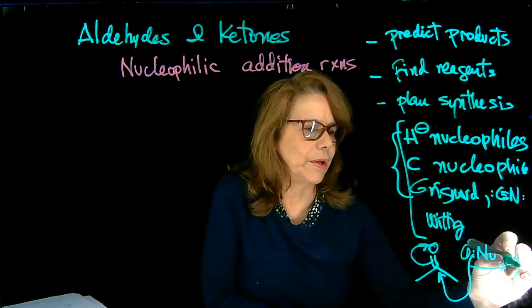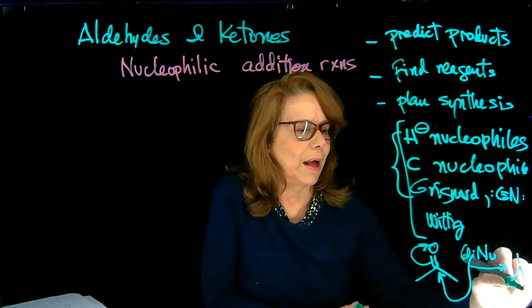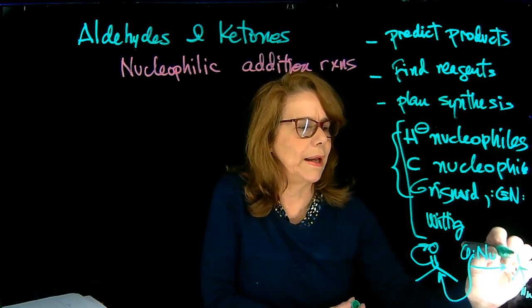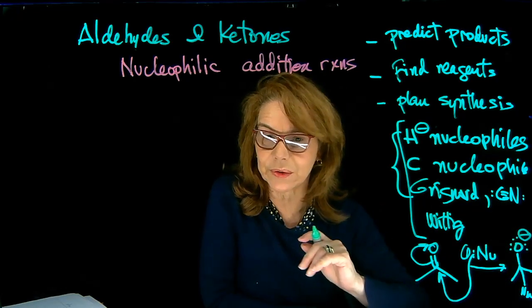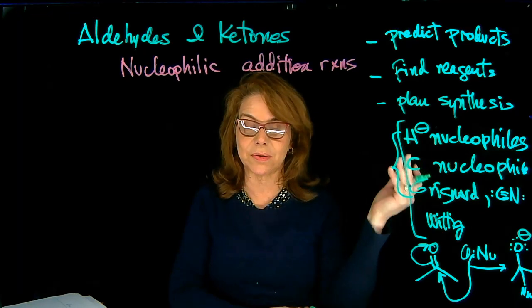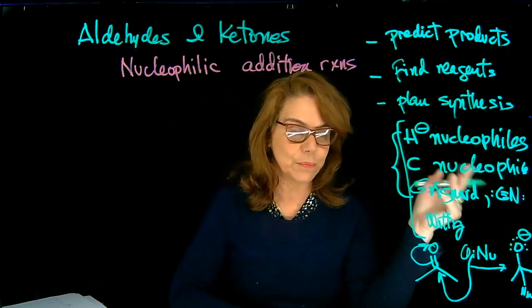For example, in Grignard, we added something here, and we have an alkoxide, and then we need a proton source. So typically, that mechanism is nucleophilic attack, then proton transfer.